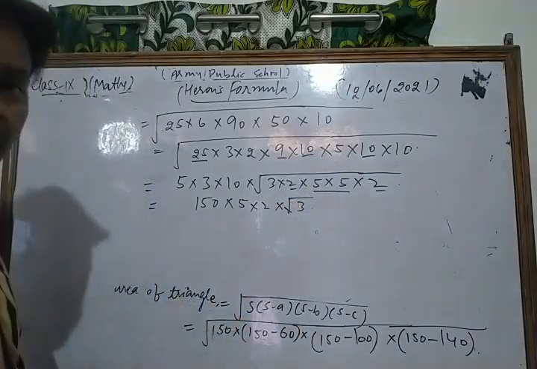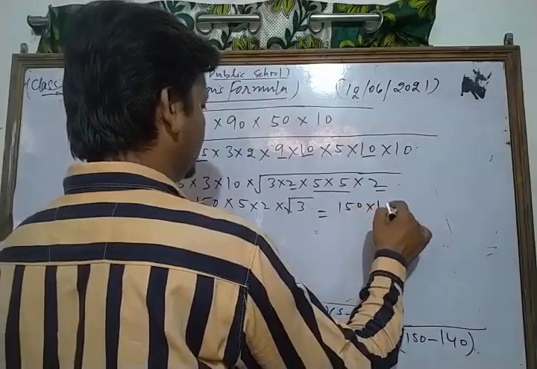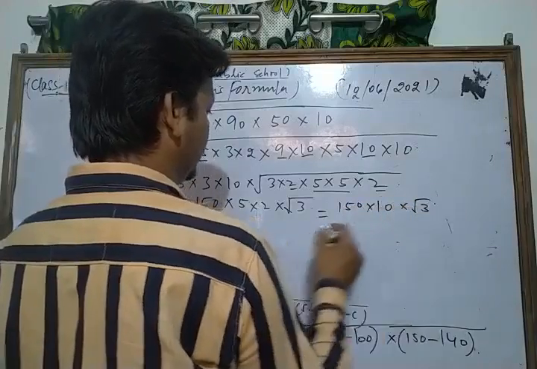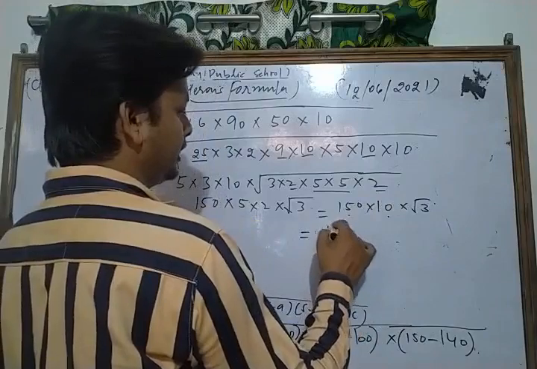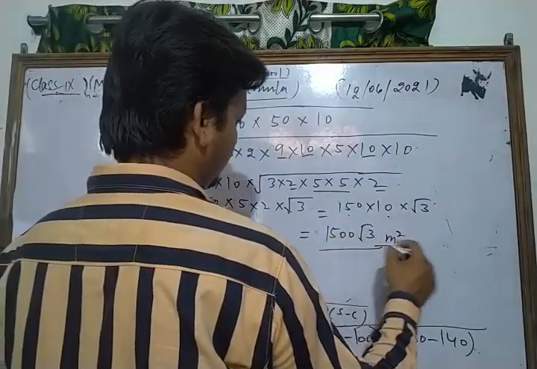Now we multiply them: 150 into 5 twos are 10 into under root 3, so we have 1500 under root 3 meter square.